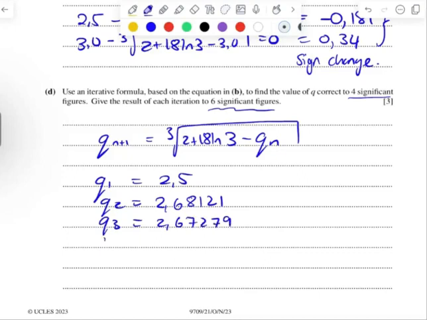Just make sure you give 6 significant figures each time. Ooh, I've just given 7 there instead of 6. Okay, and what we want to see is that we don't want it to change. Our first 4 significant figures need to stay the same, then we know that we've got the right answer.